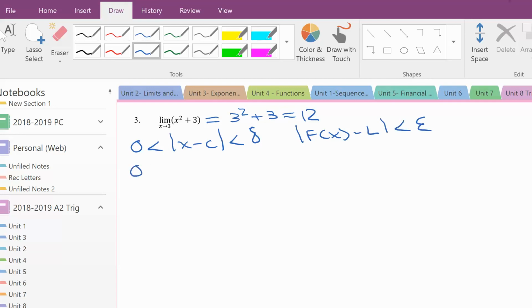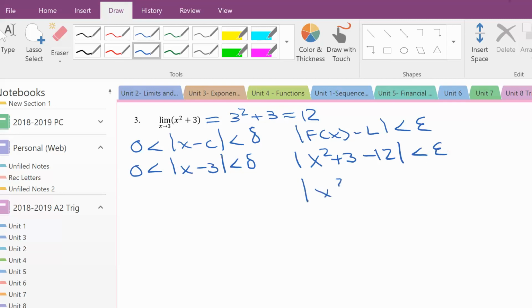All right, so our c value is 3, so the absolute value of x minus 3, the horizontal distance, has to be between 0 and delta, and the vertical distance away from the limit, which is x plus 3 minus 12, the absolute value, is less than epsilon.